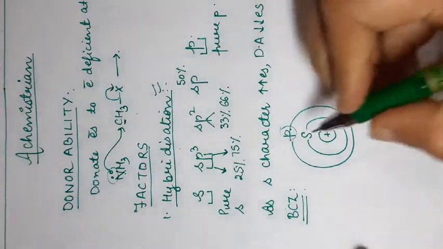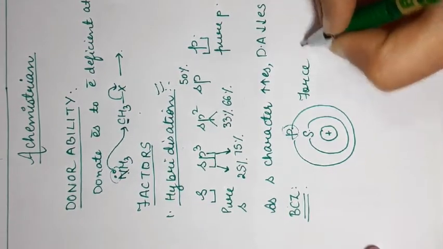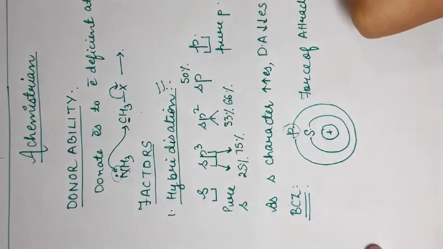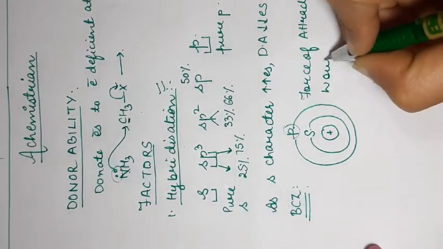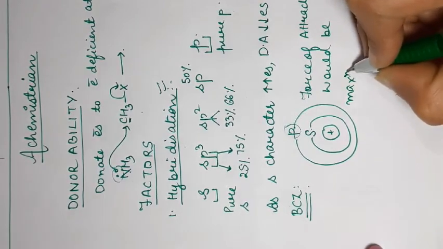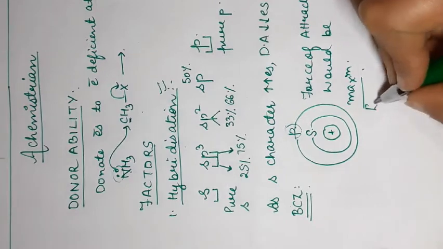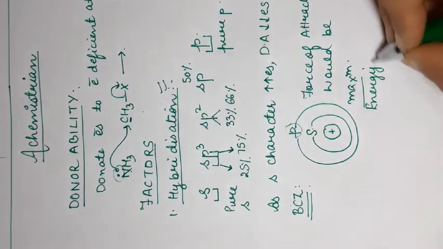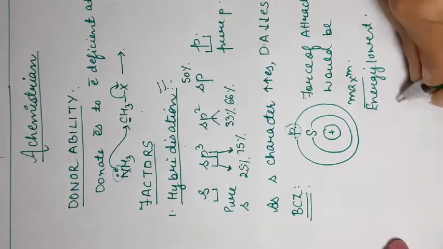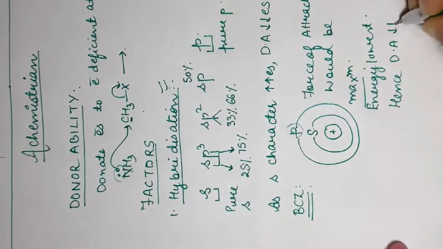As the s character is closest to the nucleus, the force of attraction would be maximum and energy lowest. Hence, donor ability will decrease.